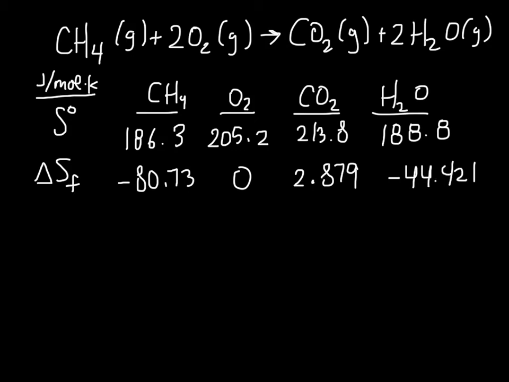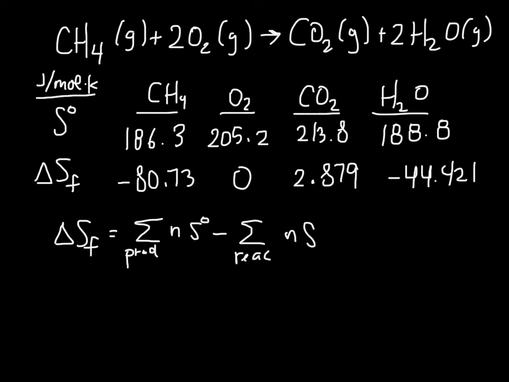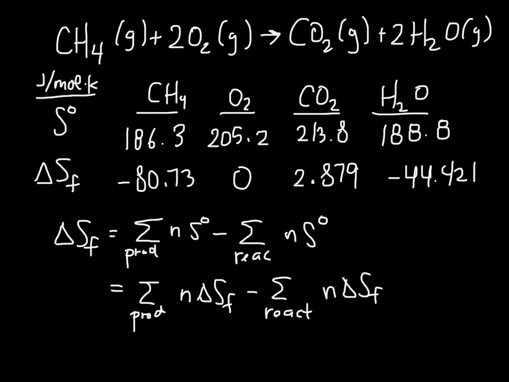Okay, so we can then use either of the expressions from the previous slide, where either we are considering the sum for the products of n times the absolute entropies, or the sum of the products times the entropies of formation, and then subtracting off the same for the reactants.